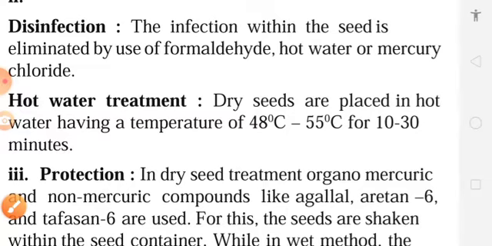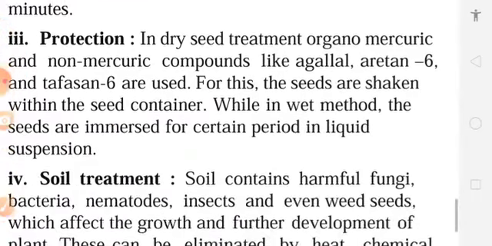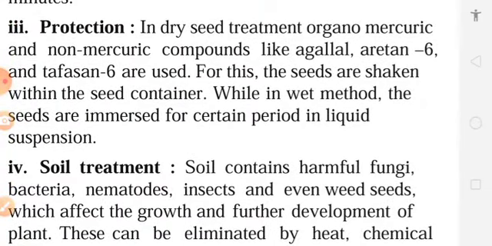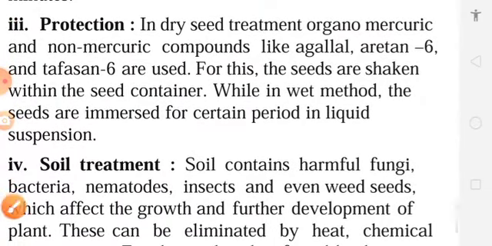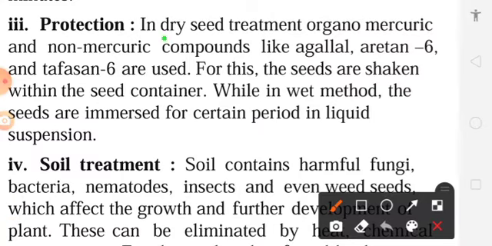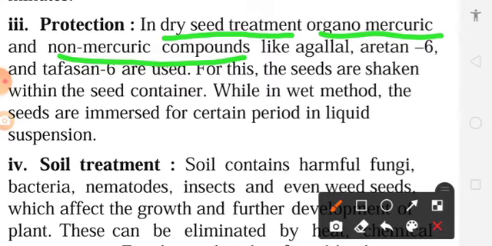Now, along with the disinfection of the seed bed that we are studying, we have to protect the seed by giving seed treatment. Dry seed treatment is given using OMC, that is organomercurial compounds, or non-mercurial compounds like Agallol, Aretan 6 or Tafasan 6.